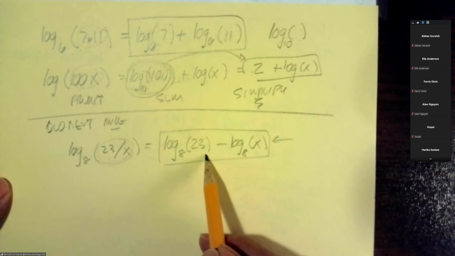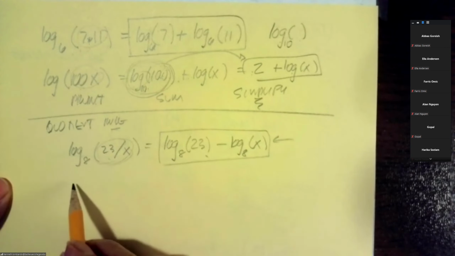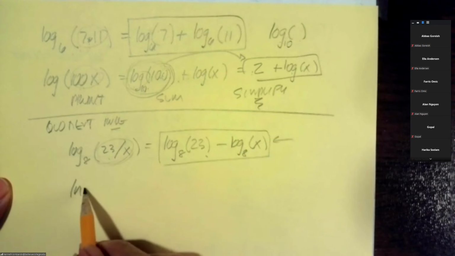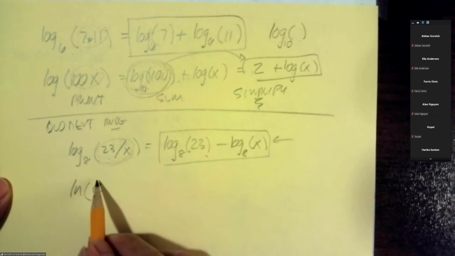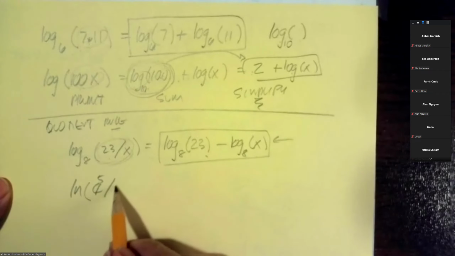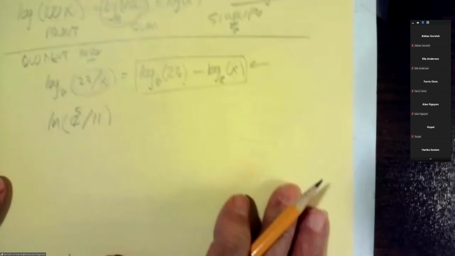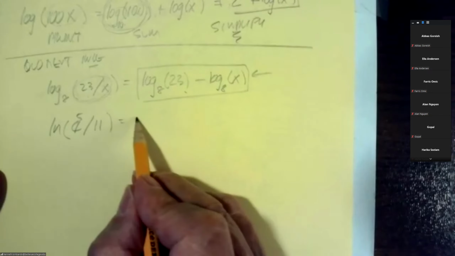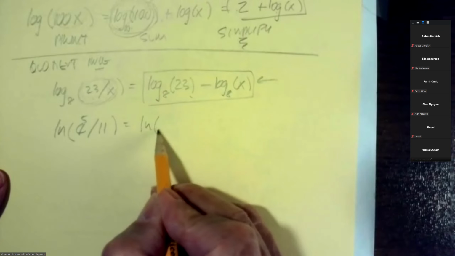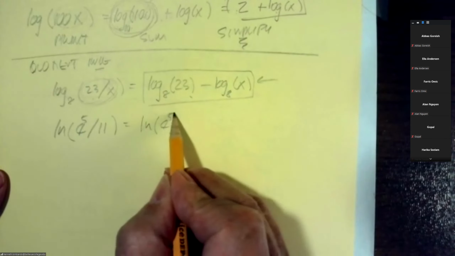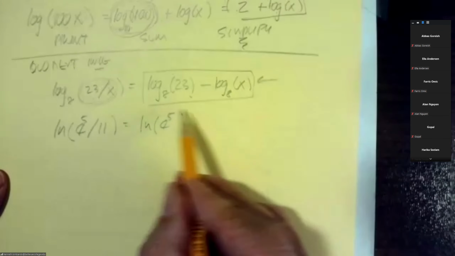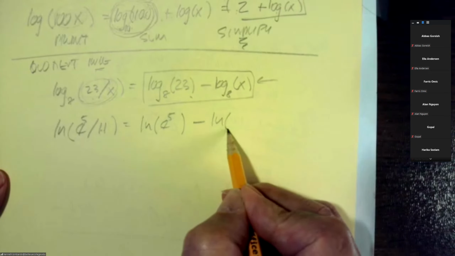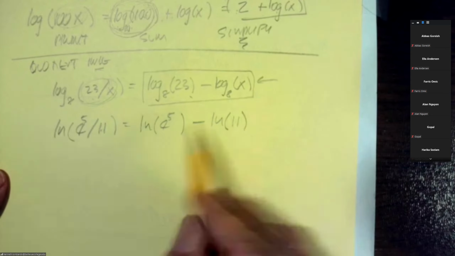I might have a situation where I have, for instance, the ln, the natural log of e to the 5 divided by 11. And using my quotient rule, I'll say, well, that's the natural log of e to the 5, and then minus the natural log of 11.